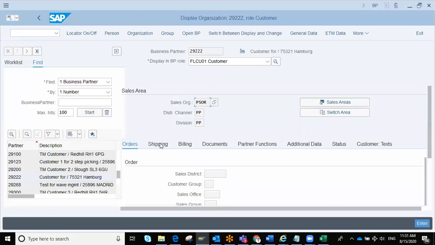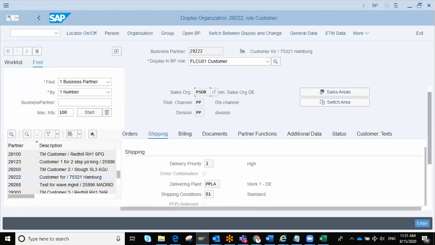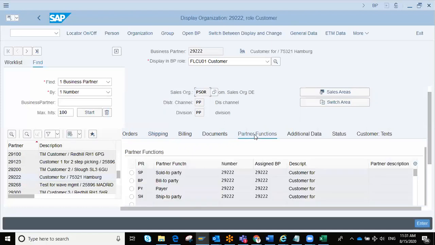We have got shipping tab, which contains the delivery priority, delivery plant, and shipping condition. So shipping condition has a relationship with shipping point, loading group, and supplying plant. So these are the triangular relationship for shipping point as per SAP definitions.